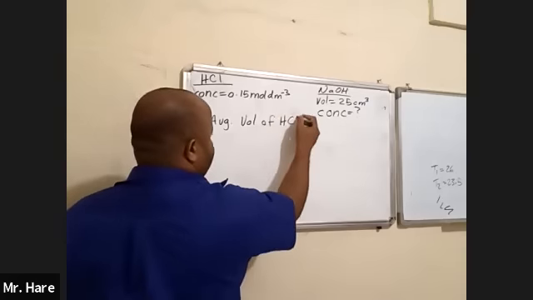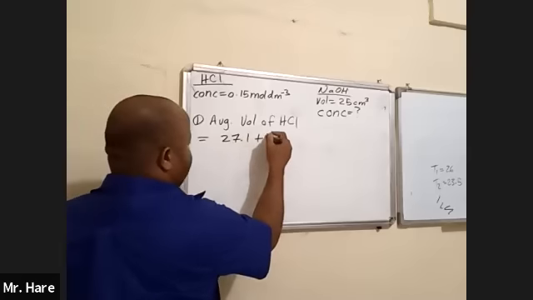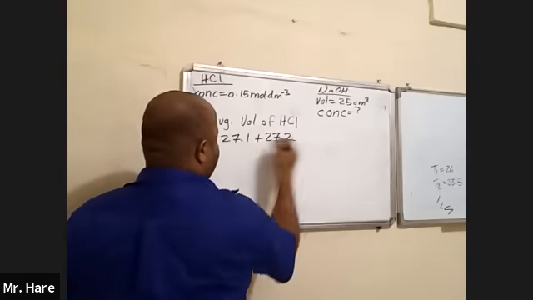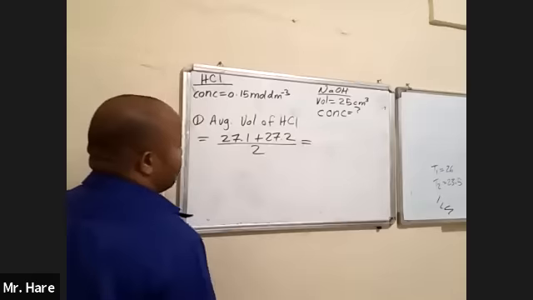The volumes are 27.1 and 27.2. Divided by 2, how much do you get? You're going to get 27.15.